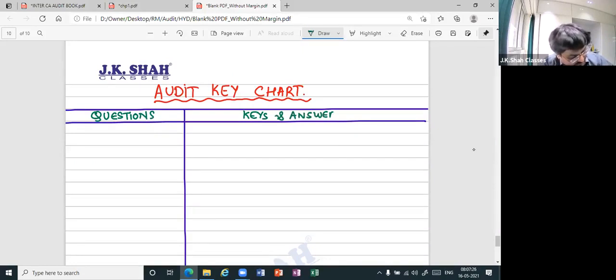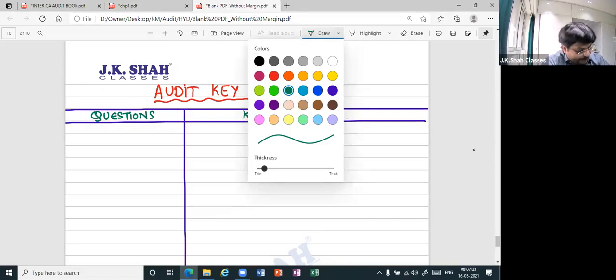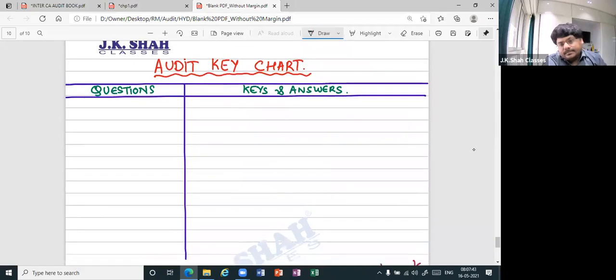No? Read on one. Inherent limitations of audit.